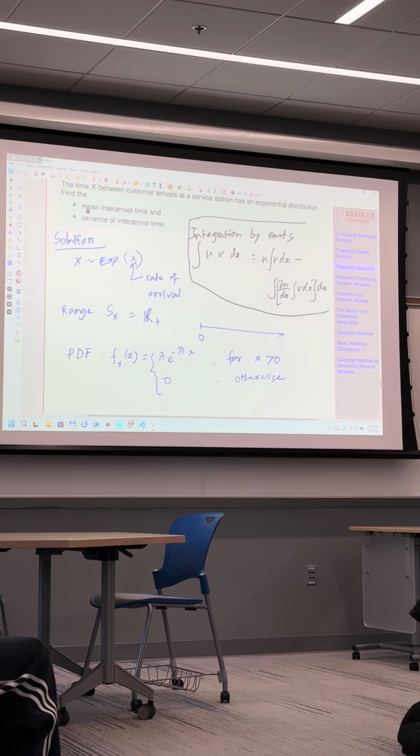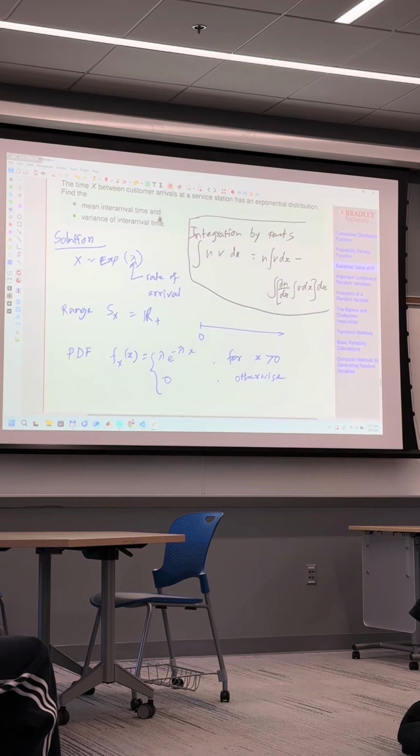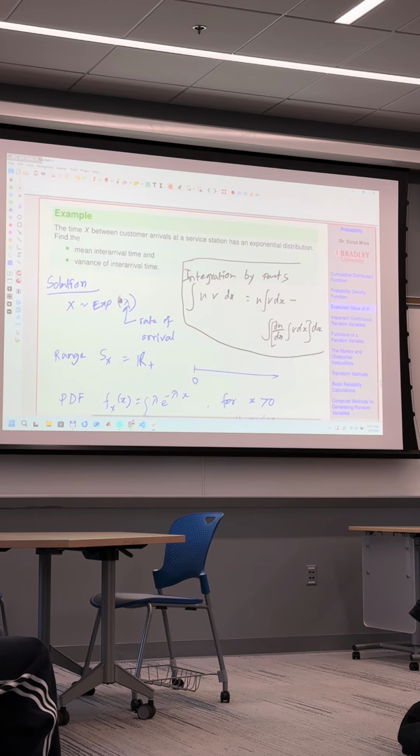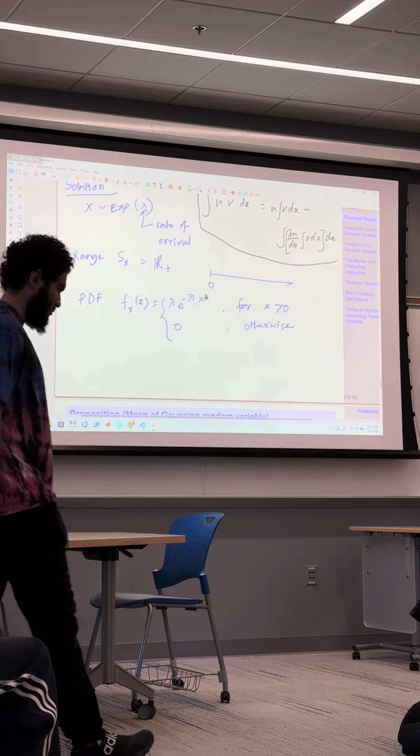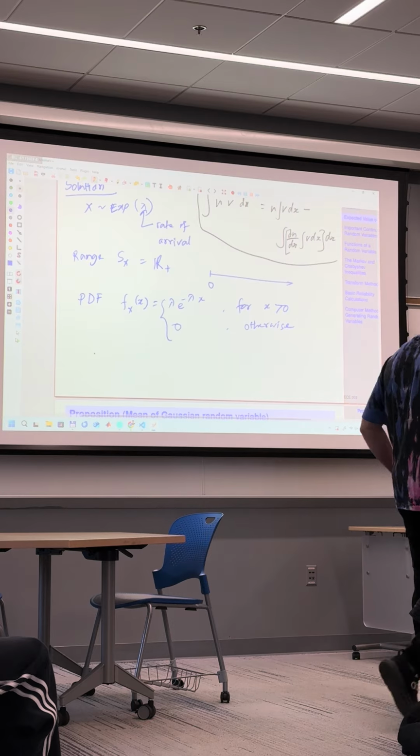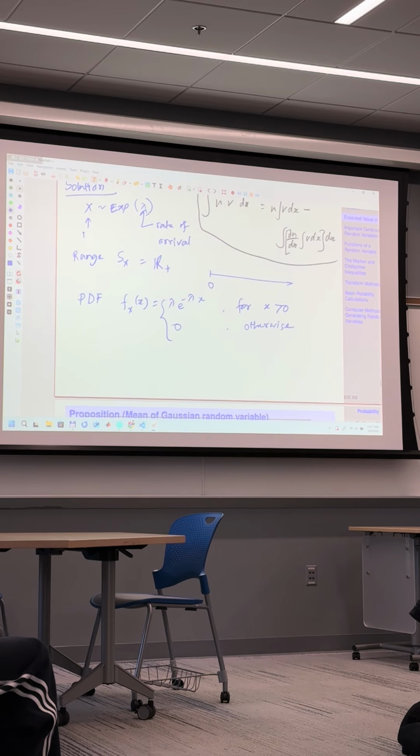Now we want to find the mean inter-arrival time, where the random variable x, which is the time, follows an exponential distribution. X denotes time. Number 1, mean.